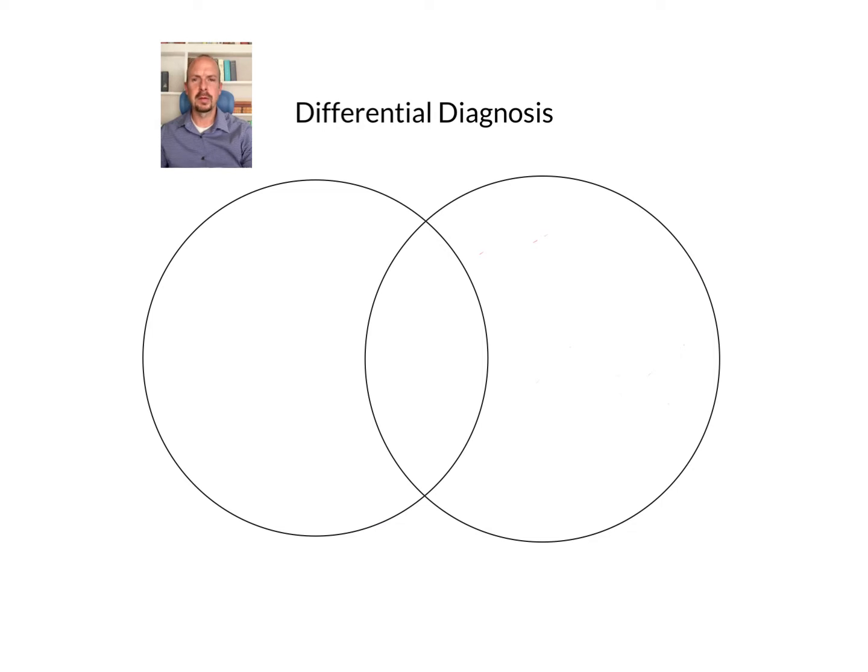We've got two concentric circles, like a Venn diagram, overlapping each other. A differential diagnosis is when we start having symptoms of a diagnosis that overlap with a symptom of another diagnosis.